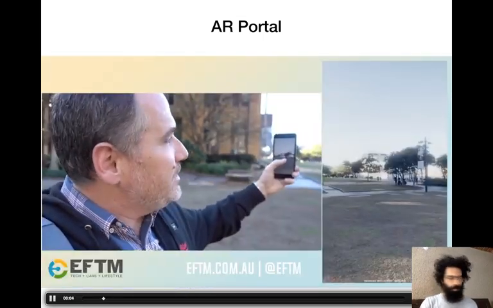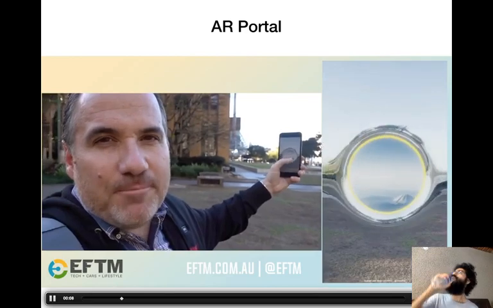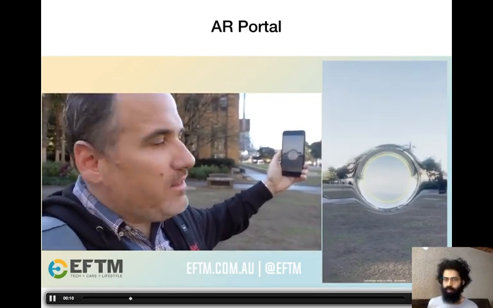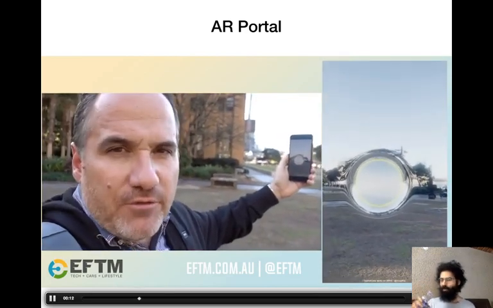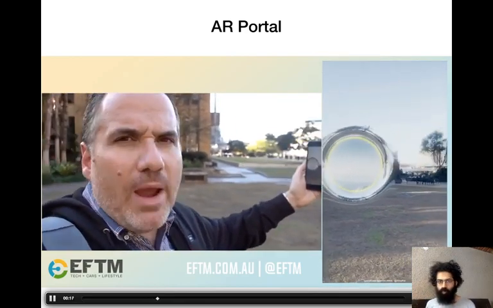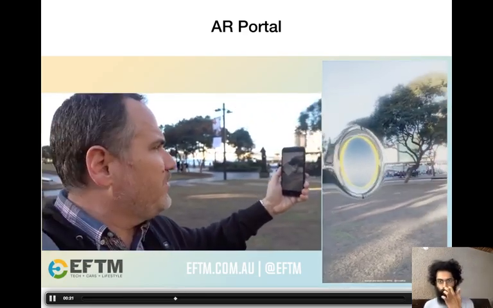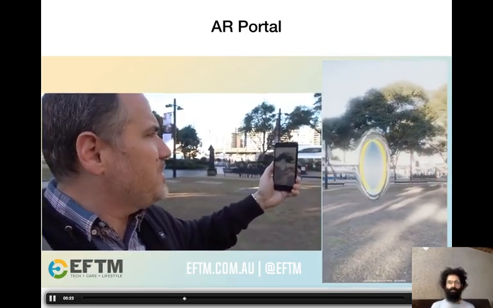Yeah, this is an interesting app. Now you won't be able to see it here, so I'll record the screen as well, but you can see the cruise ship here, you can see Sydney Harbour. Then I tap the screen and create a portal. So in the real world, there's nothing there. Then in the virtual world, on the screen of my iPhone, is a small portal, and I can walk around, and that portal looks like it's floating in thin air. In fact, I can come around to the side of it and see it from the side.